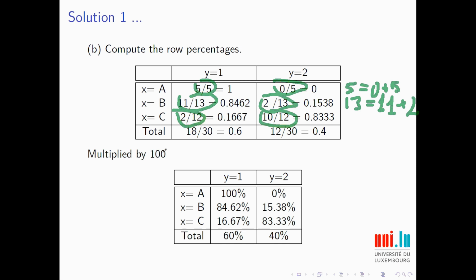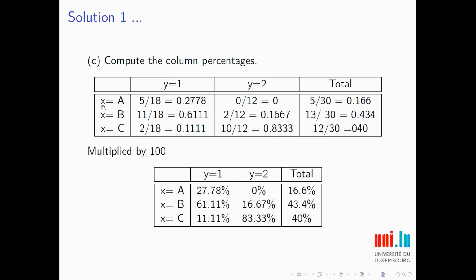And afterward, by multiplying it by 100, we finally get percentages. So it's a very straightforward way to solve this exercise. I don't think that you face any problem solving it.